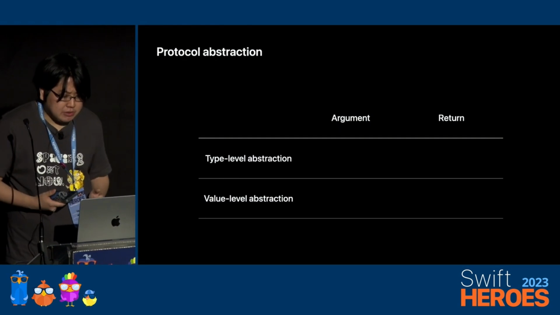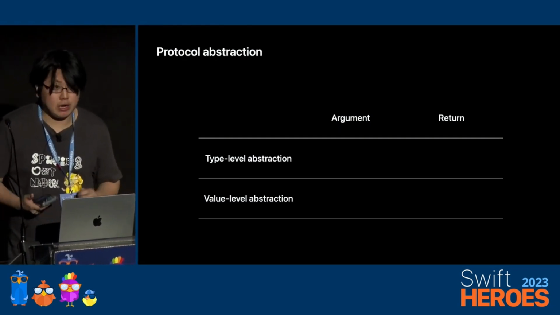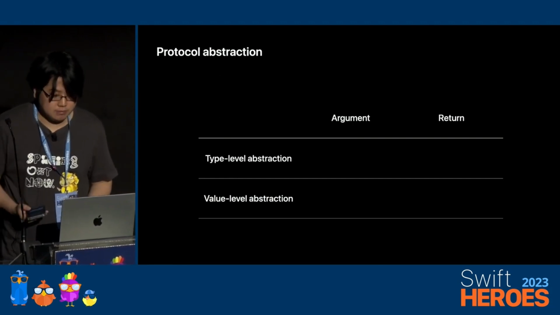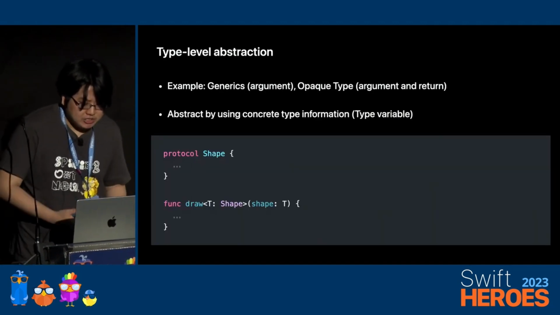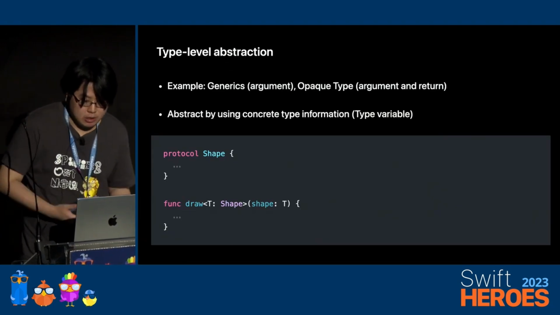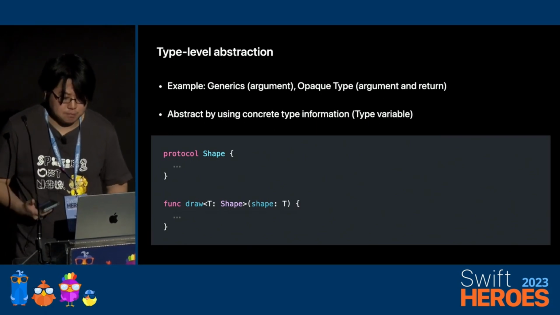To understand opaque result type, we need to understand that Swift has two ways to think about protocol abstraction: type level abstraction and value level abstraction. Type level abstraction is achieved by generics and opaque type. They try to abstract functions and variables by using concrete type information.